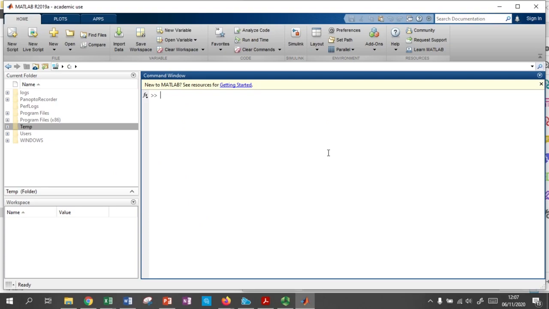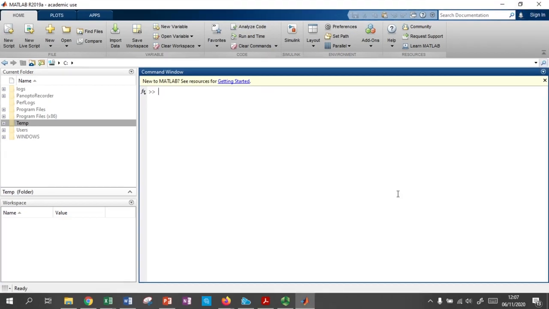After opening Matlab, you will find that we have a Matlab environment like this. We have a command window, where you can type any command. We have one area which is called the workspace, and on the other side is the current folder. You can find all of them in the Matlab environment.